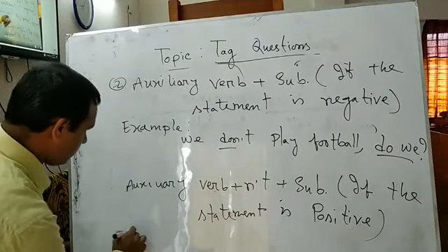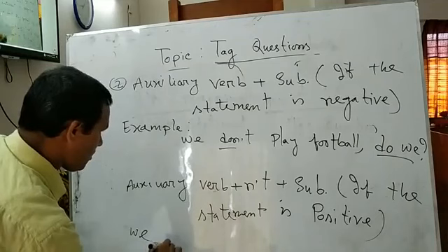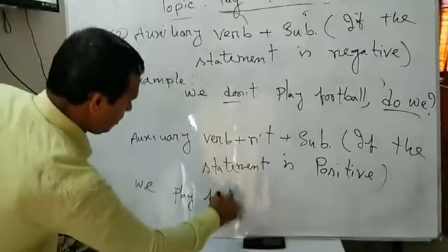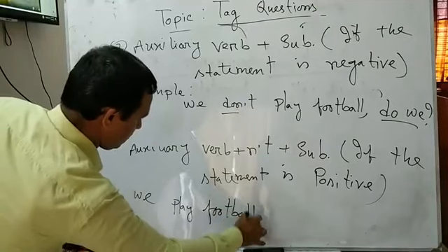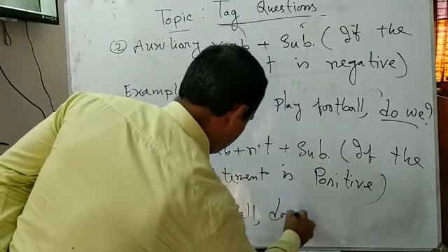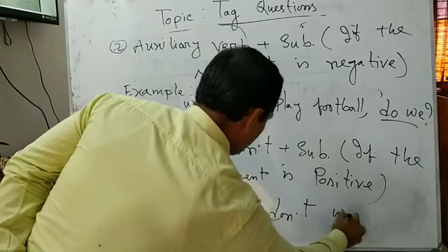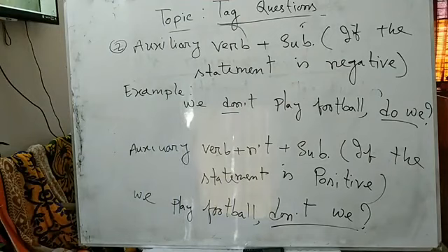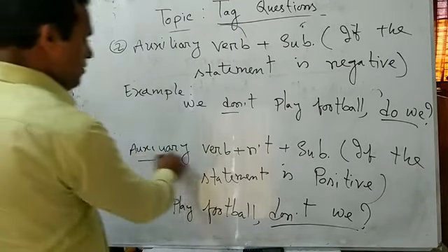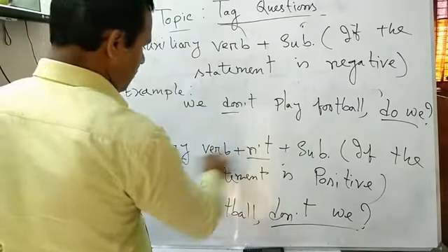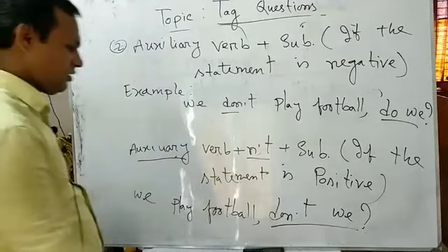Okay, and this is the example of another tag question. We play football, don't we? Okay, auxiliary verb plus not. The contraction form of auxiliary verb plus not is don't.